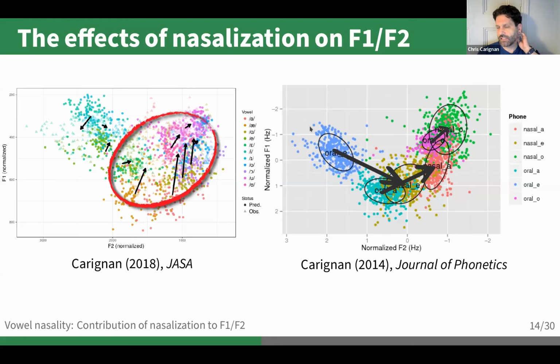So the idea here is that, well, maybe over time, as French was developing from Latin to Old French to Middle French and so forth, as these nasal vowels were developing, perhaps it was the case that listeners heard the change in formants and then misperceived that as a change in tongue configuration, and then replicated new vowels with minor changes in tongue configuration, right? So that's the idea here.